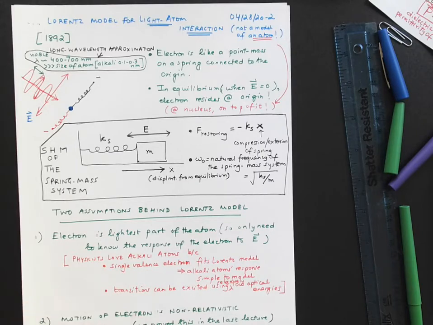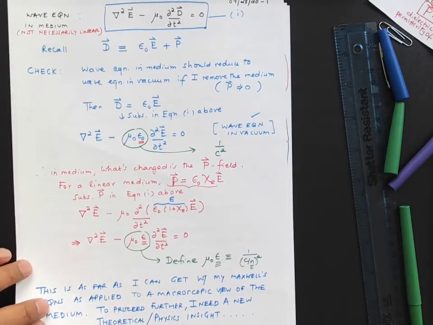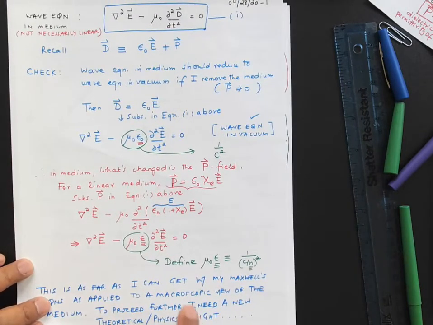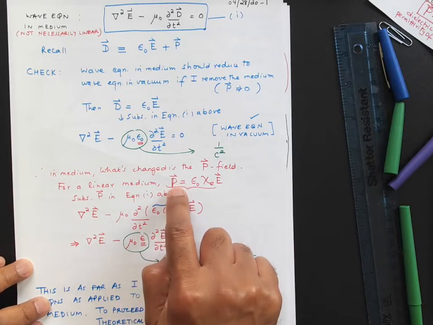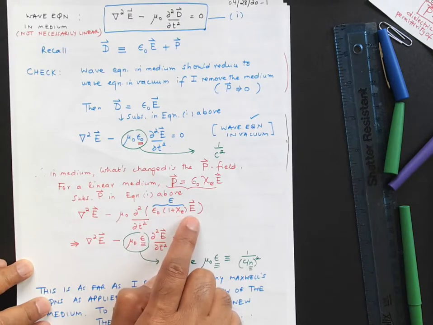The end goal is to have a microscopic formula for the P field, the electric polarization, because that's what's different from vacuum.